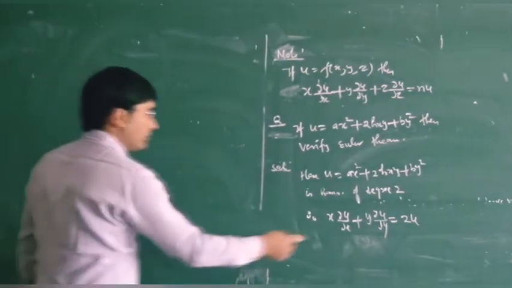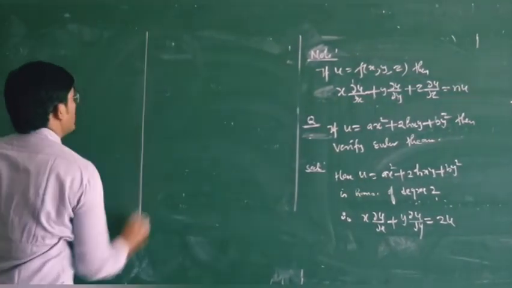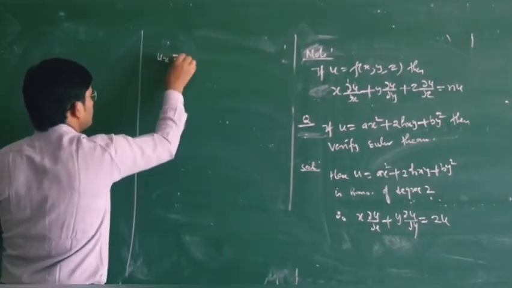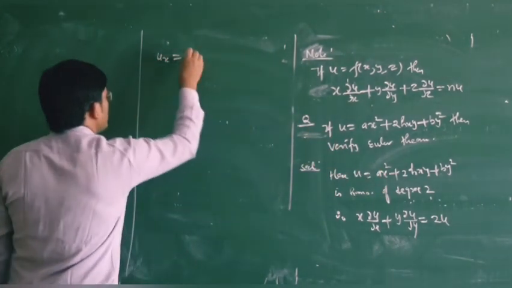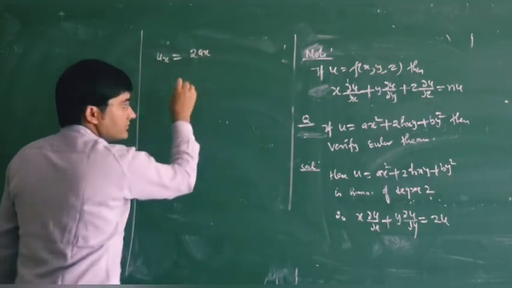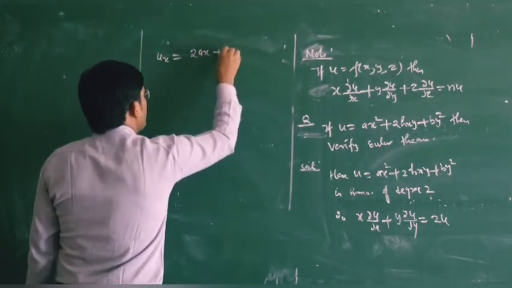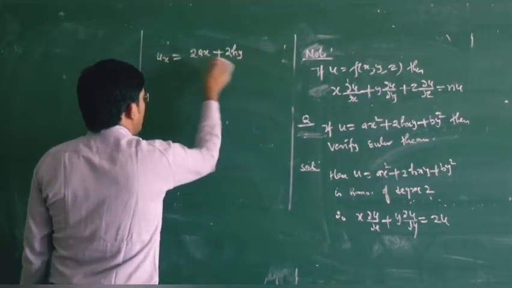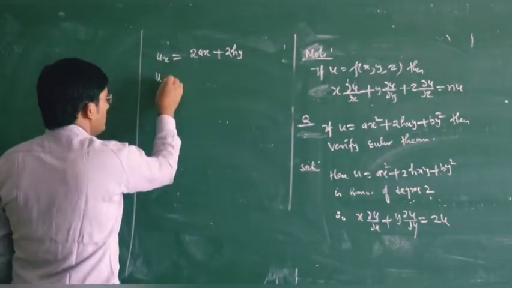So for that we will calculate ∂u/∂x. ∂u/∂x is the differentiation, which gives 2ax + 2hy, and similarly ∂u/∂y.